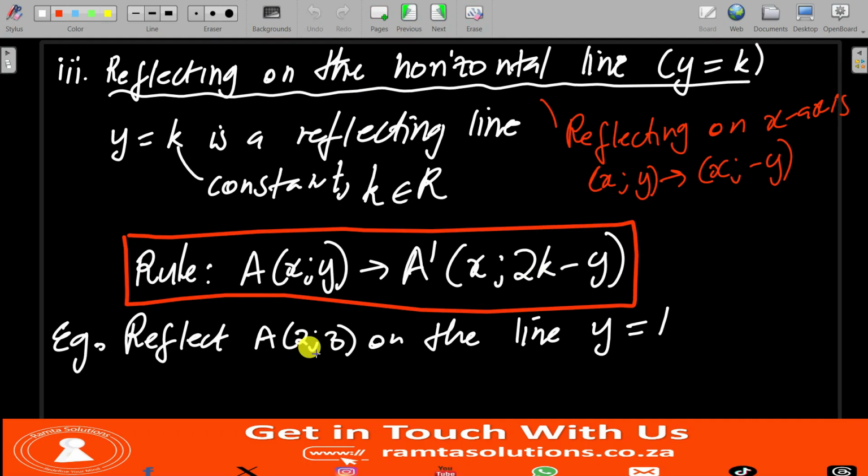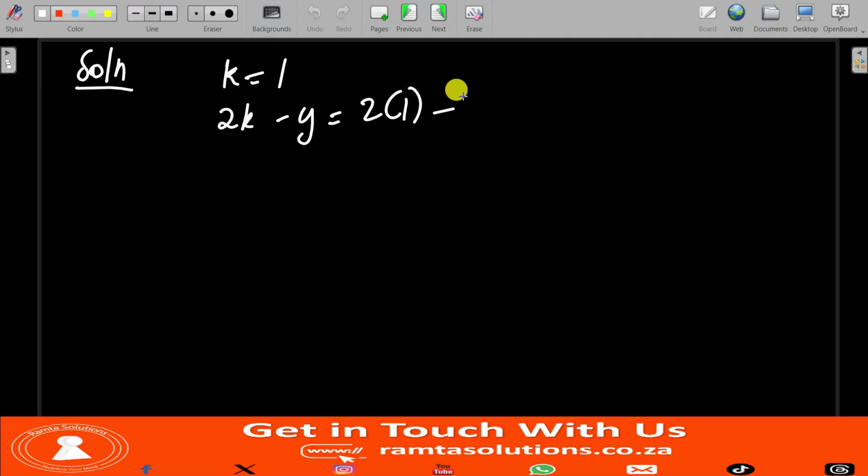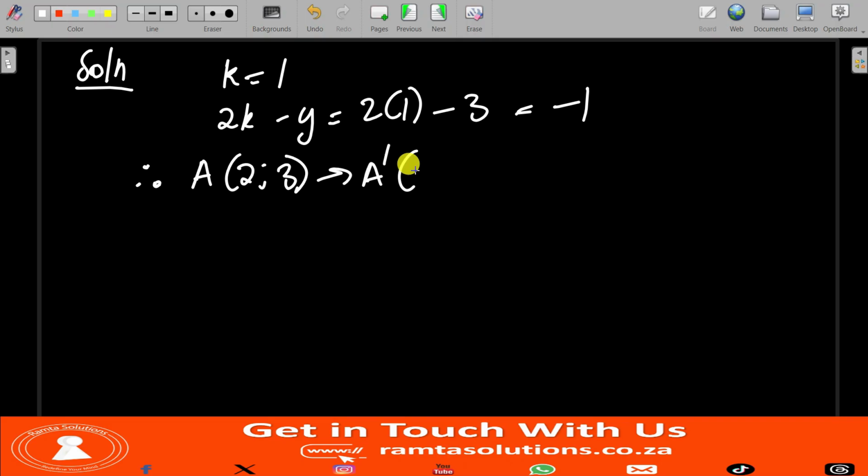So 2k minus y will become 2 times 1 minus 3, which is negative 1. Therefore, A (2, 3), when reflected on the line y equals 1, will become A prime with coordinates 2 and negative 1.